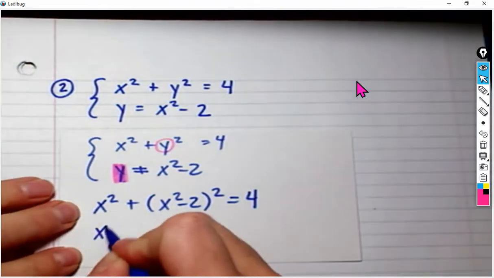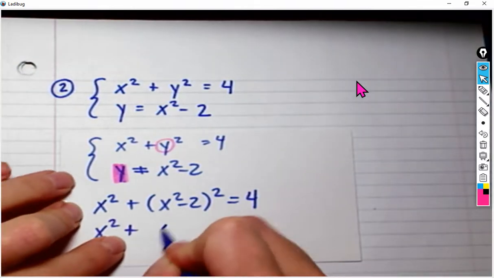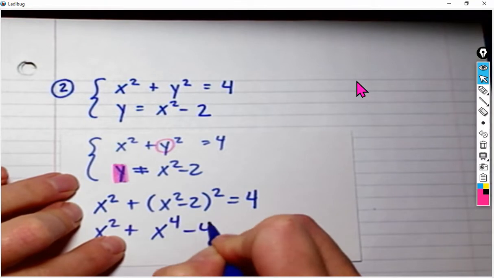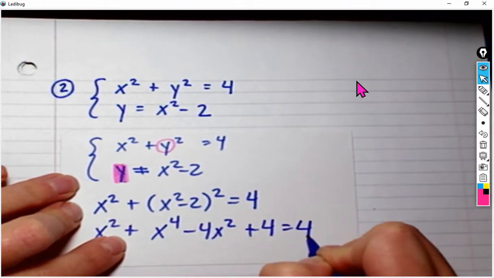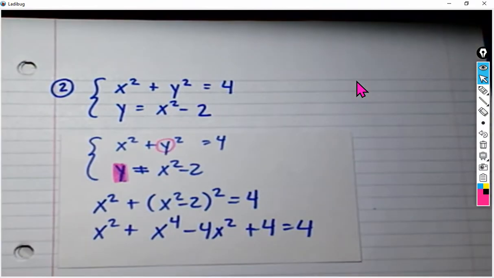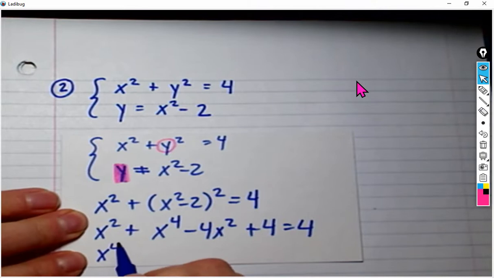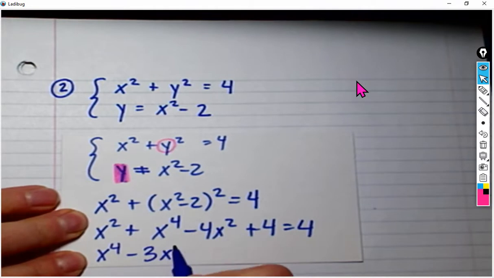Okay, so I'm going to start foiling this. Ooh. Yeah, that becomes a fourth degree. Okay, I'm going to do one more step because I'm just combining my like terms here.